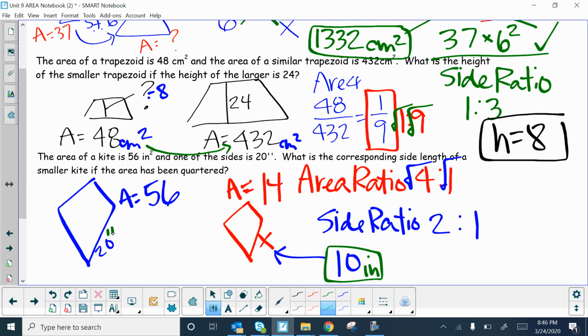That means this is going to be 10 inches because the side ratio is 2:1. If the area got 4 times smaller, the sides are not going to get 4 times smaller because this is, again, inches squared and inches squared. Right here, this is just inches. So you have to square root the area ratio to get the side ratio.